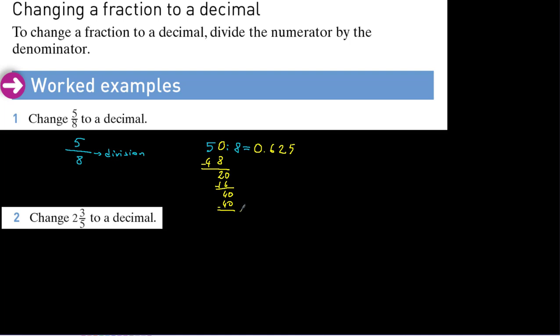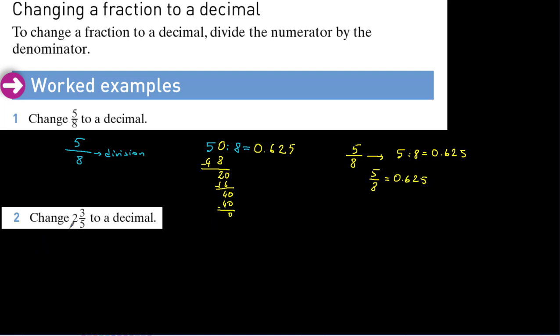That's going to be 0, and we finished our operation, which means 5 divided by 8, or as a fraction 5 over 8, is equal to 0.625. It has to be.